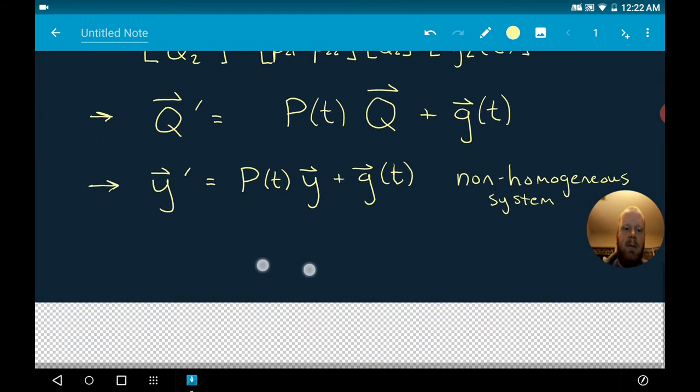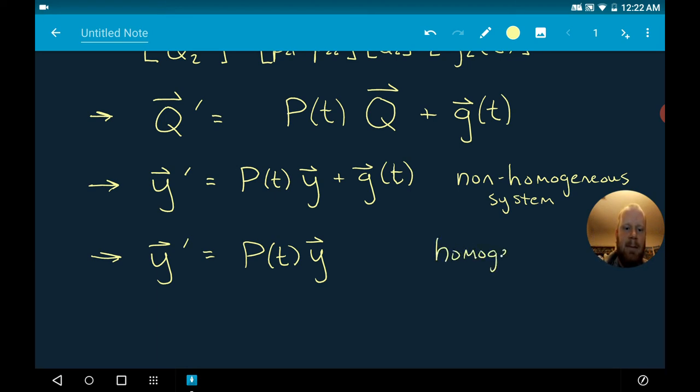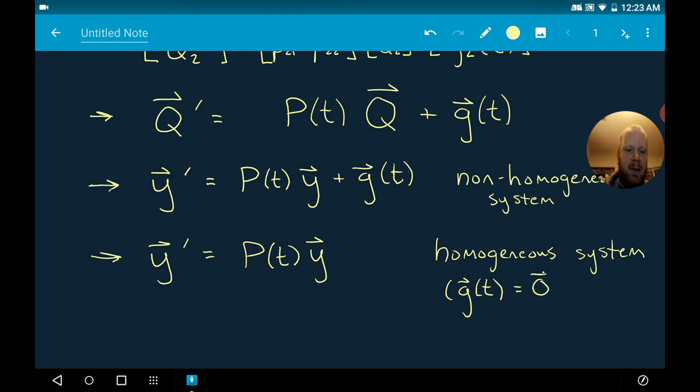If we wanted the homogeneous version, exactly the same as chapter 2, we'll just be looking at when g of t is equal to the 0 vector, so we can just not include it. So this is our homogeneous system. And this is the case where our g of t vector is equal to the 0 vector.